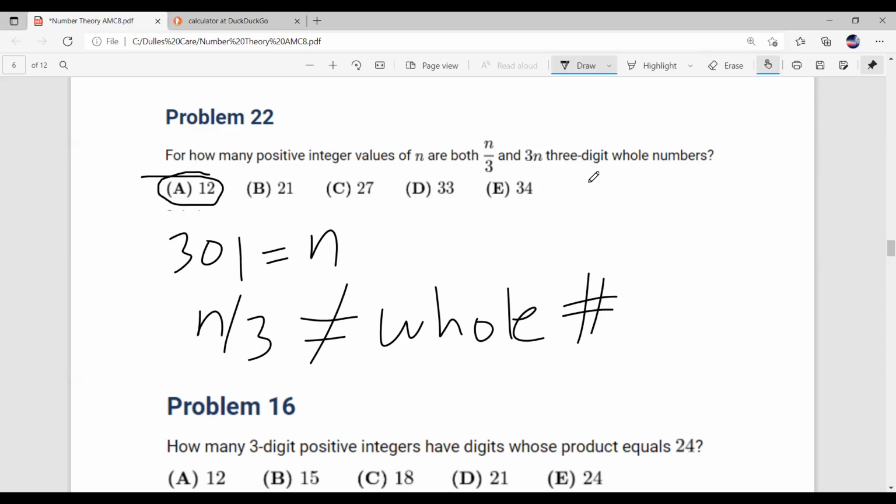So we can't take every number from 300 to 333. We can only take the multiples of 3. E deserves our hatred because it tricked a lot of my precious students. All right, so our answer is indeed A.